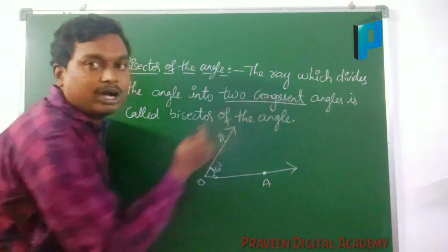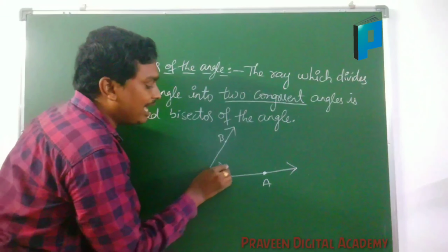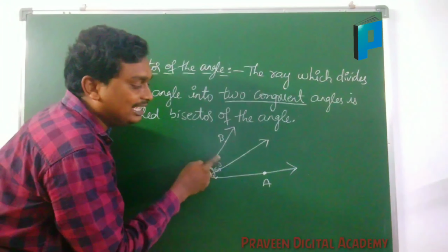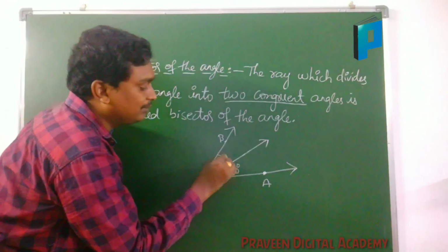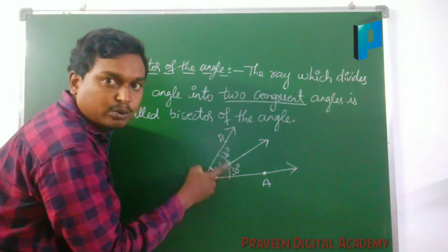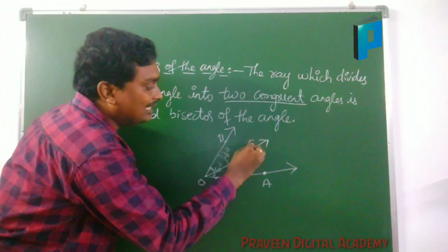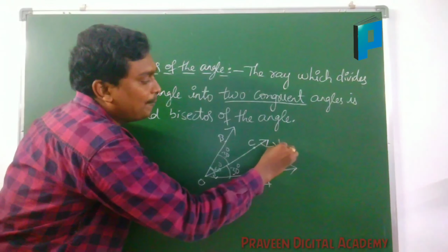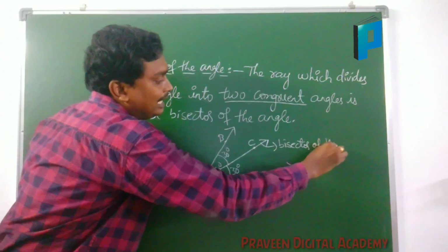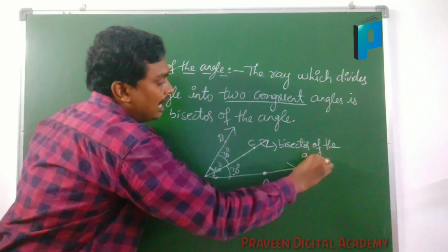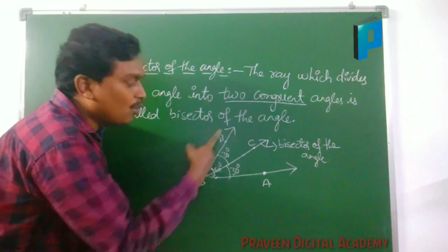Congruent angles means if a ray is dividing the total angle into congruent angles, it will divide it into two equal halves. This ray, I will take it as OC, is called the bisector of the angle. Here OC is the bisector of angle AOB.